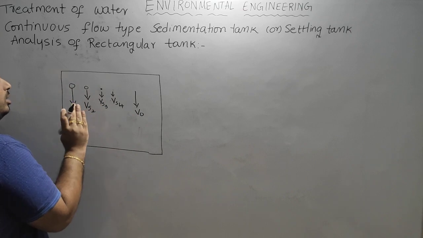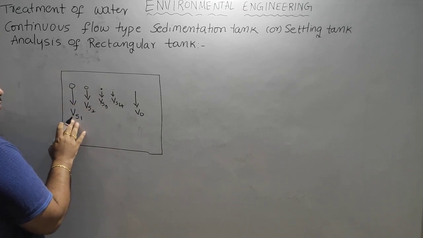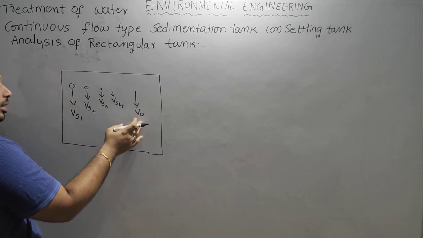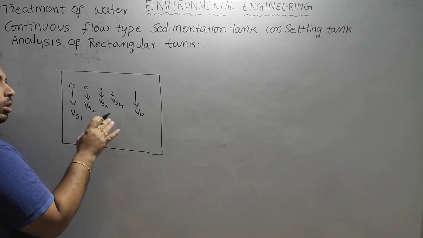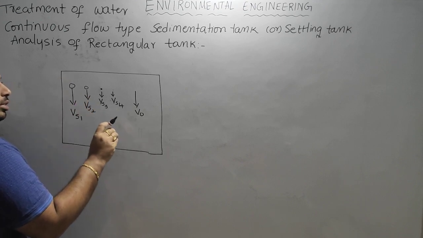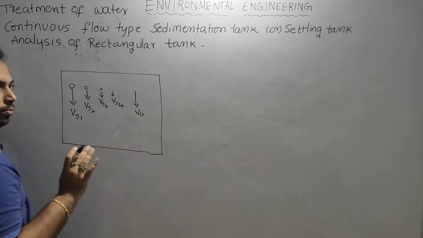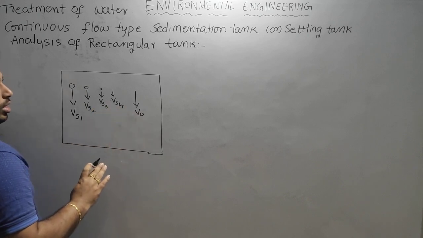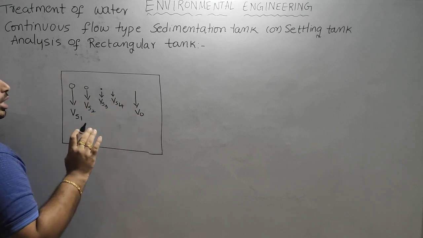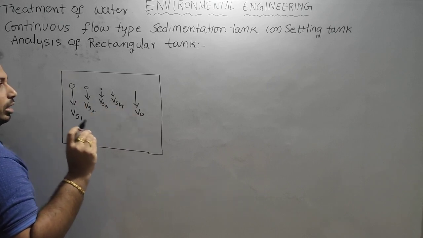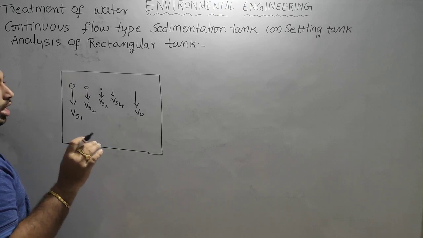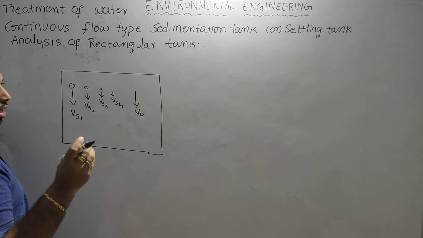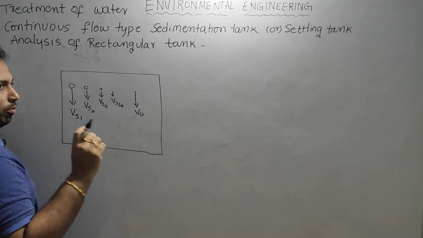If the particle settling velocity Vs is greater than or equal to V0, then 100% of such particles will settle down. If Vs is less than V0, then full 100% particle removal may not be possible. Some 30%, 40% of particles may get removed, but the rest will escape.